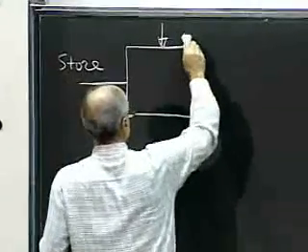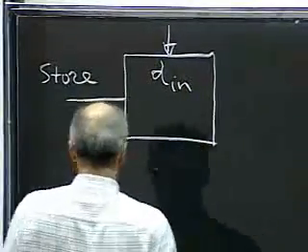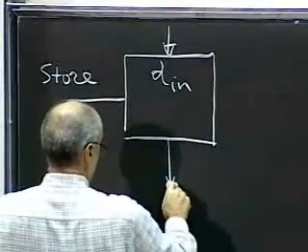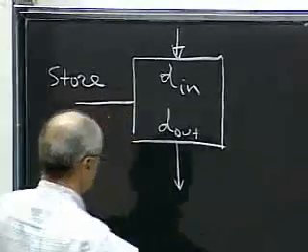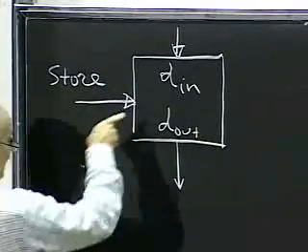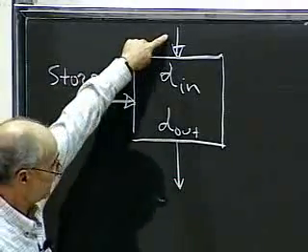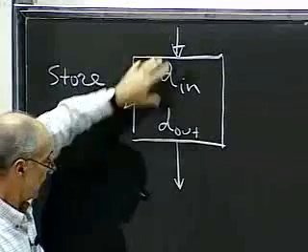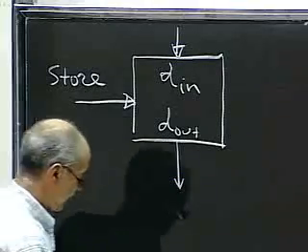It has a state input that we will call D in, and has an output, D out. So when we're telling this element, OK, now it's time to store, it looks at the input D in and stores it for, in principle, an infinite amount of time.